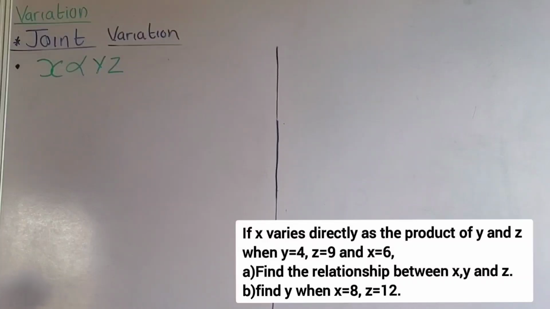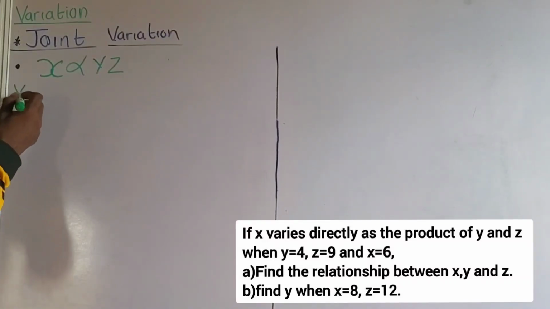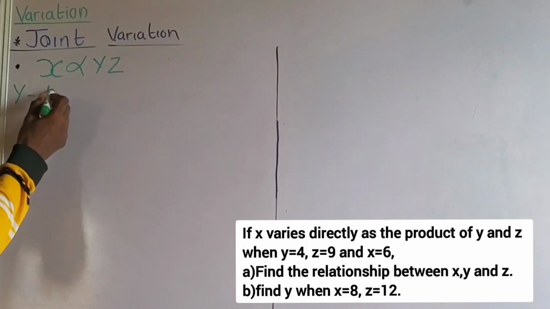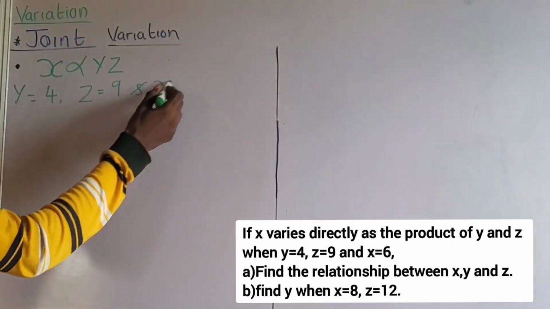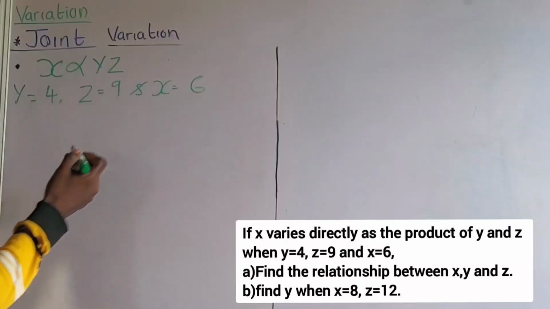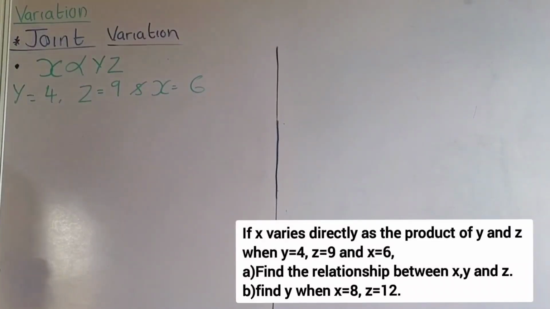Do you understand? Okay, having done that, we are given that y equals 4, z equals 9, and x equals 6. Okay, the first question is to find the relationship between x, y, and z. How do we get the relationship between x, y, and z?